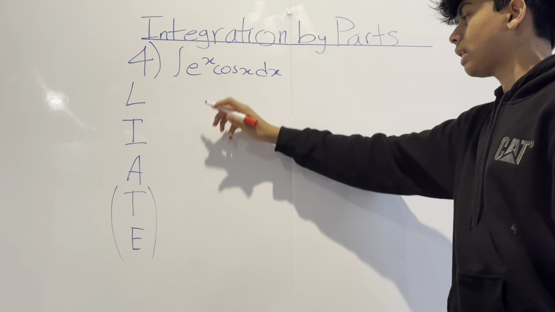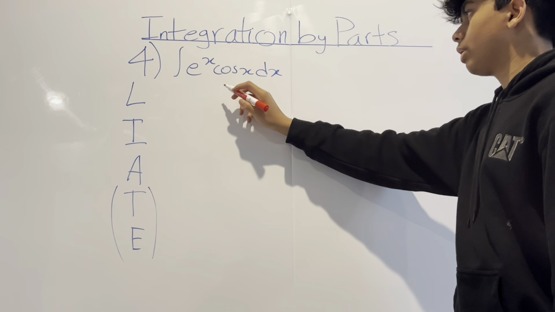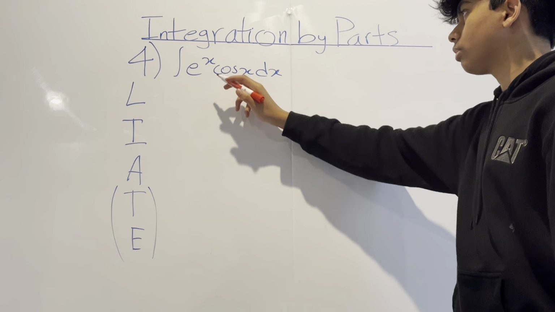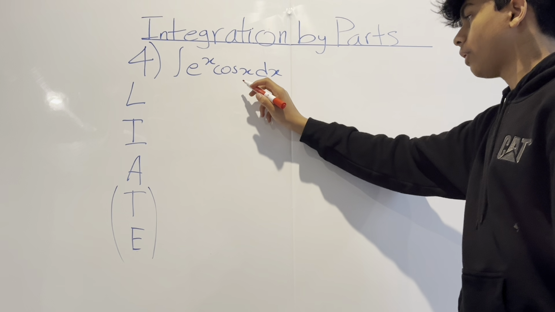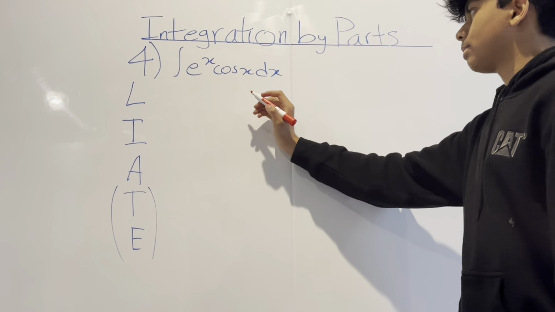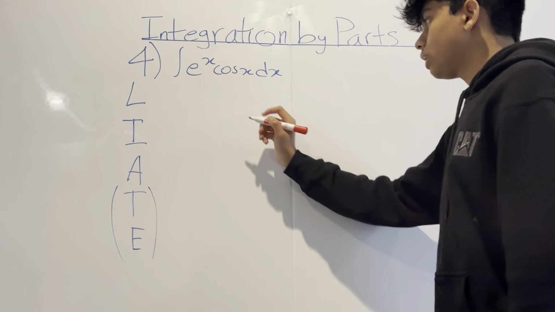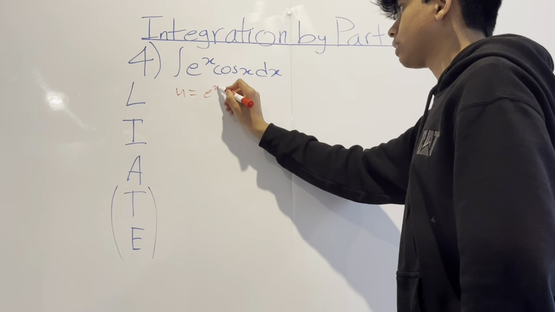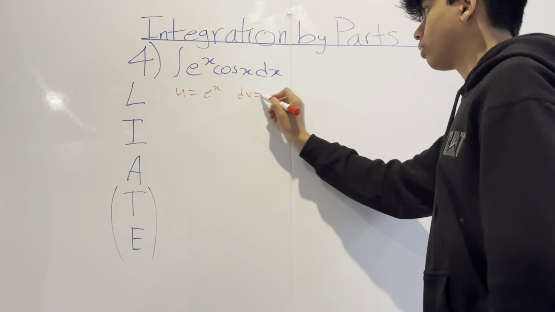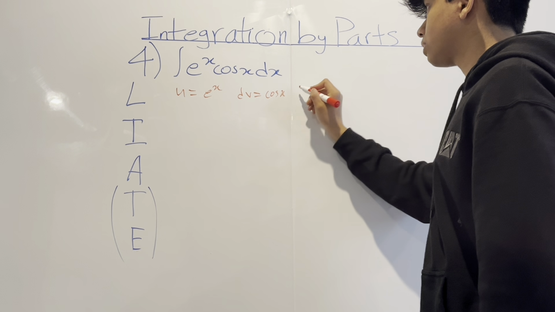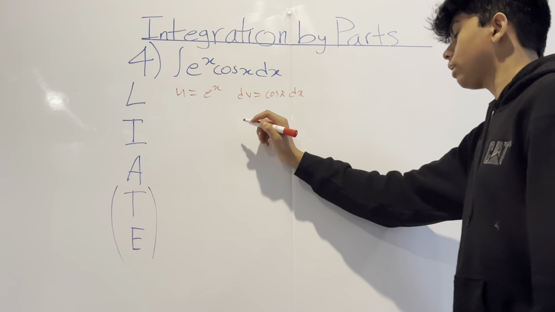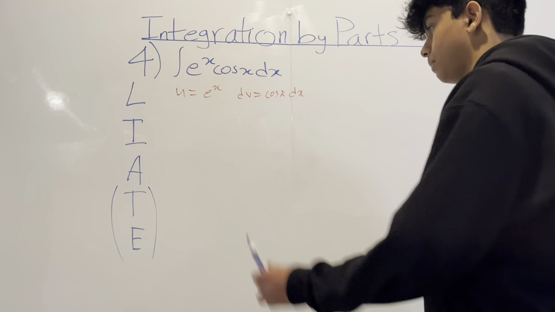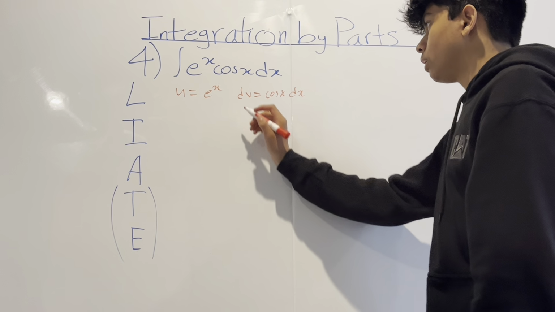It doesn't matter if you say u equals e to the x, or u equals cosine x, because they're both trig and exponential. So let's just say u equals e to the x and dv equals cosine x dx. It really doesn't matter as long as it's u and dv.